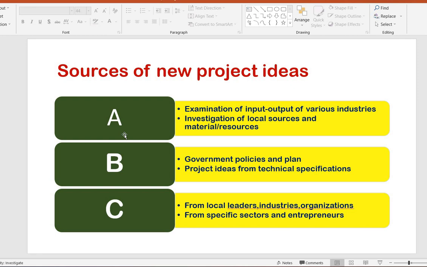Then there are project ideas from a technical specifications point of view. As I mentioned, there are a number of such sectors where we can get an idea for providing some solutions.